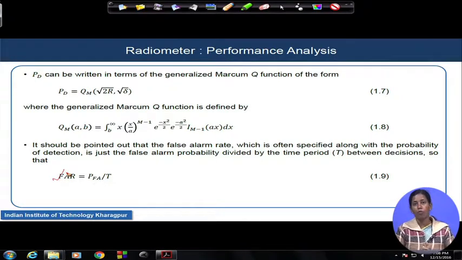It is not only the probability of false alarm, it is the false alarm rate, which is given by the probability of false alarm divided by the total duration of the observation window capital T, or the time period of the decision. So, apart from PD and PFA, the false alarm rate is another important parameter of our interest.